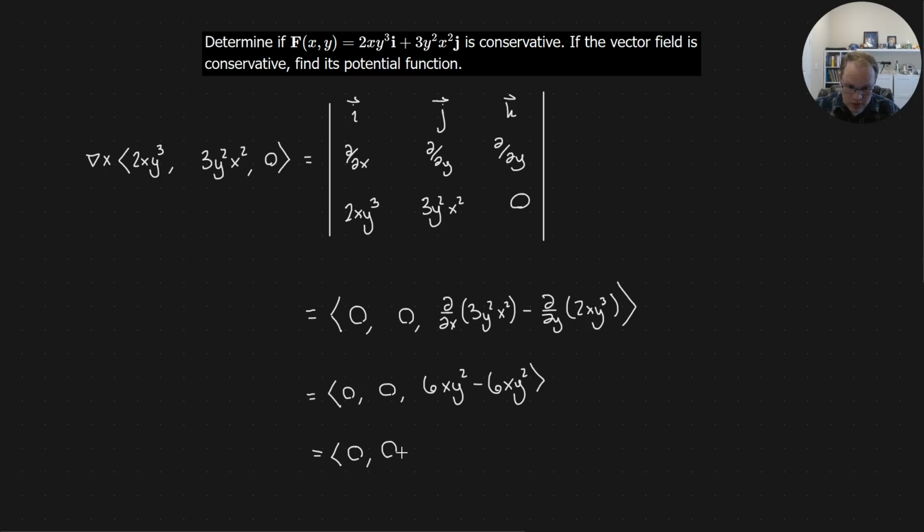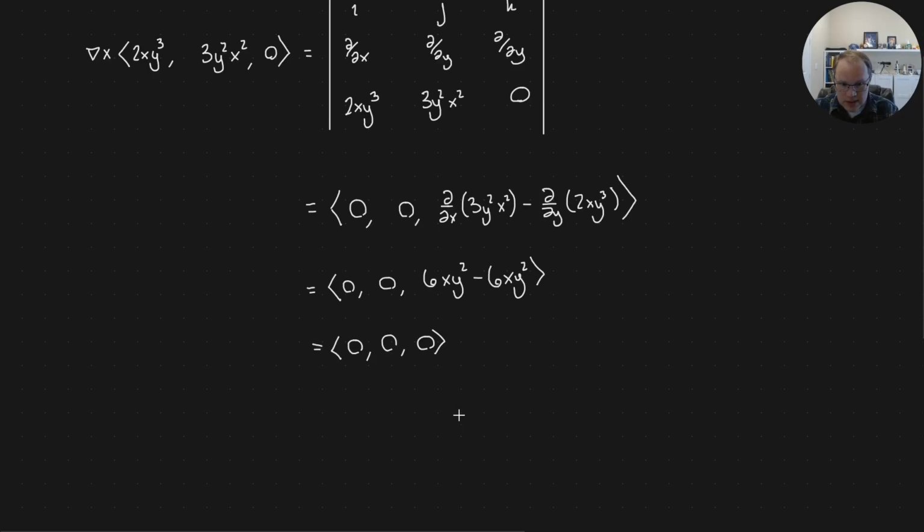So I get 0, 0, 0, which means the scalar curl, which is only the last component of our three-dimensional curl, the scalar curl of the two-dimensional vector field is just 0. That's what we're looking for. That means the vector field is conservative.